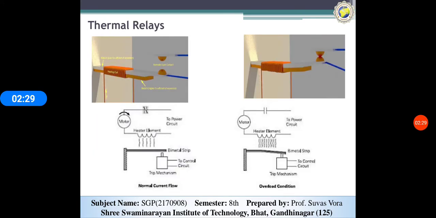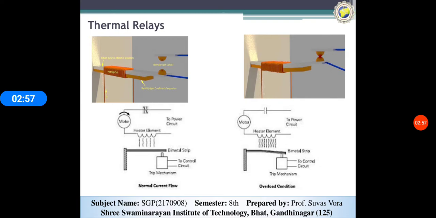Now start with the thermal relay. You can see here the first figure; both figures represent the thermal relay. The thermal relay is the most commonly used overcurrent protection device. The operation of the thermal relay depends upon the electrothermal effect of the actuating current.